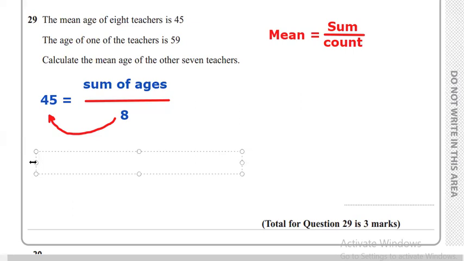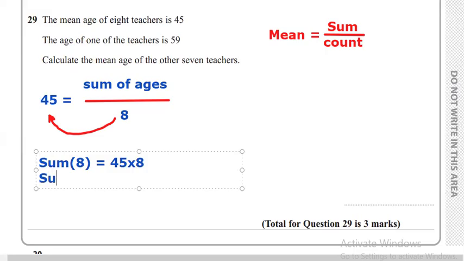So the sum of ages of 8 people equals 45 multiplied by 8. Multiplying 45 by 8, the answer is 360. So now I know that the sum of ages of these 8 teachers is 360.